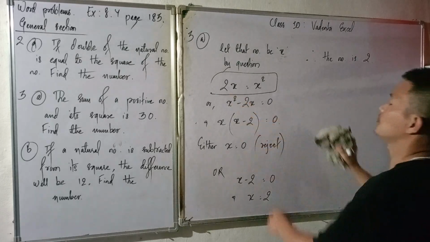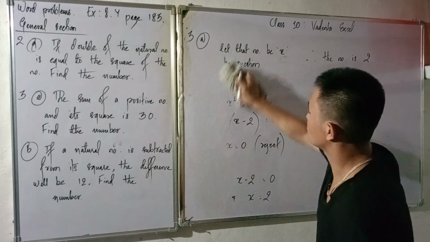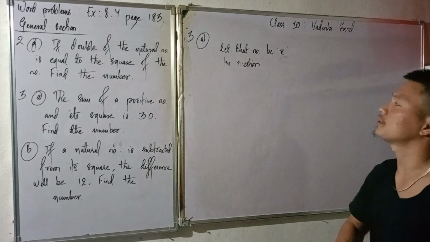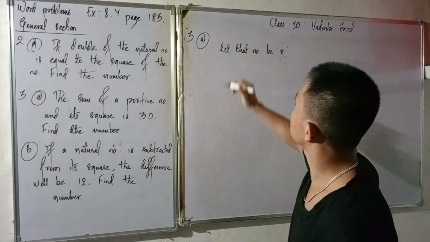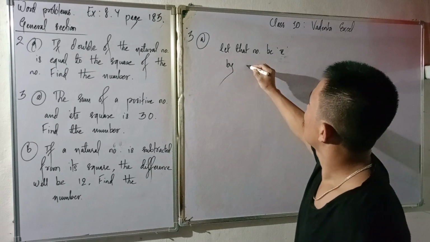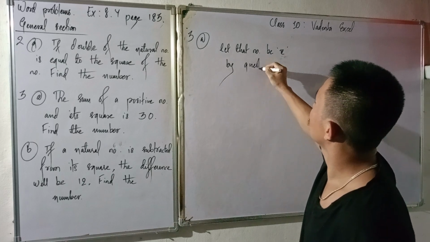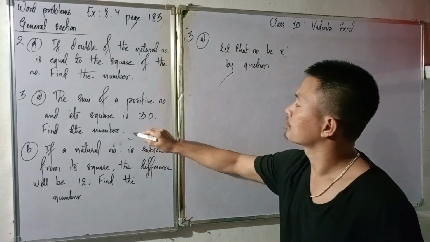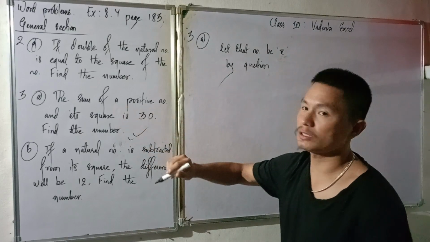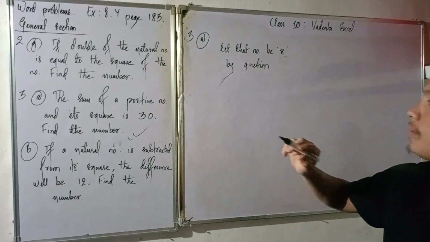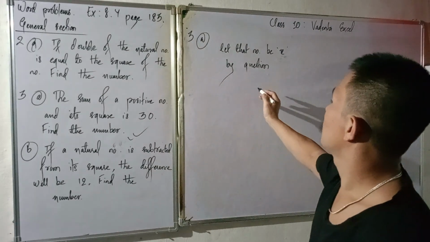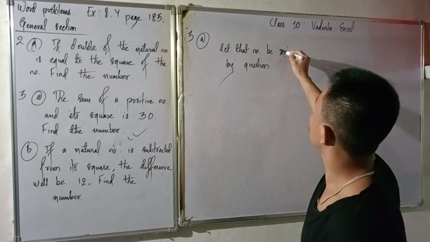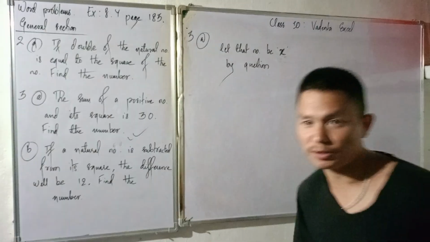Now from the question, by equation, the given condition is the sum of the positive number and its square, so we have considered that positive number with variable x.